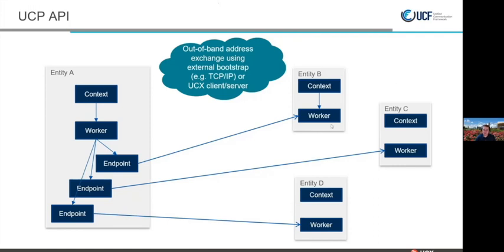So you don't necessarily have a ton of workers, but you do potentially have a large number of endpoints, because an endpoint is unique for each node or entity, and also for each memory buffer that you're connecting. I don't know if I can speak to the scalability, because I haven't tried this at scale. Obviously, I tried it with two nodes, but my understanding and assumption is that it should be reasonably scalable up to a large system size.